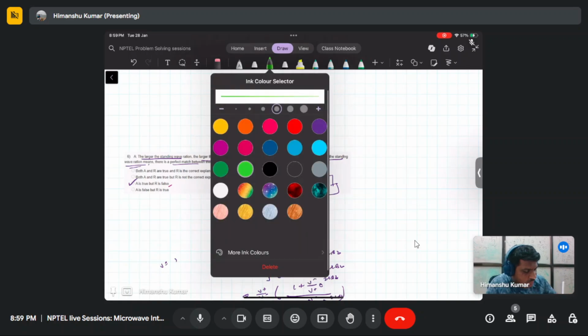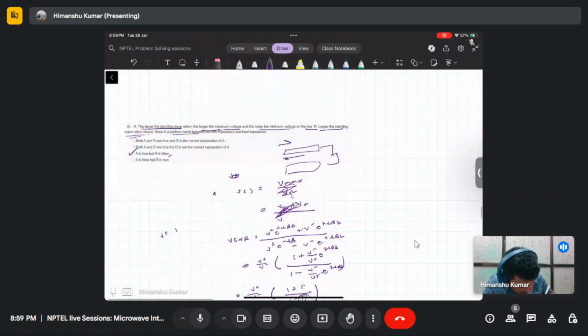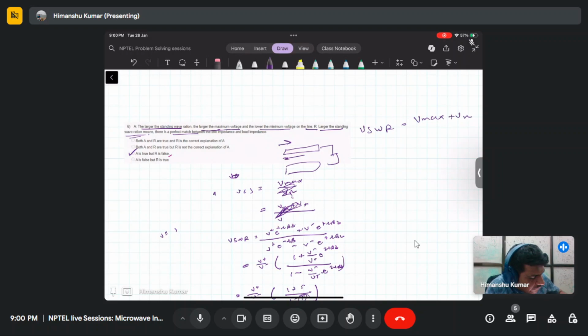With that, let's move to the next problem. The larger the standing wave ratio, the larger the maximum voltage and the lower the minimum voltage. The voltage standing wave ratio VSWR is related to Vmax divided by Vmin.